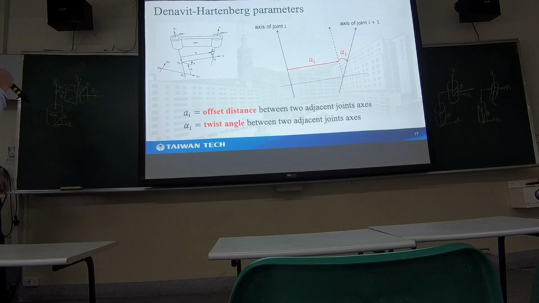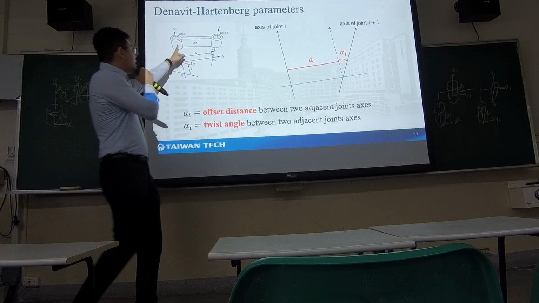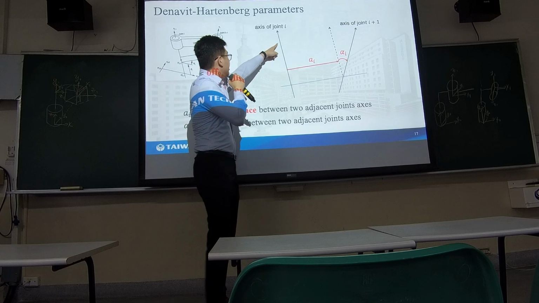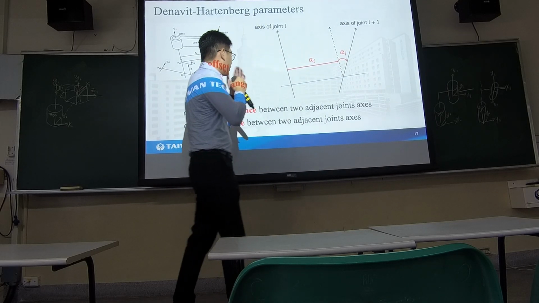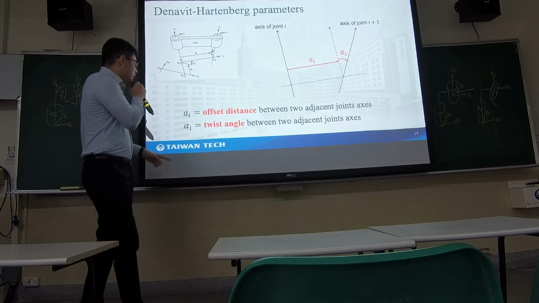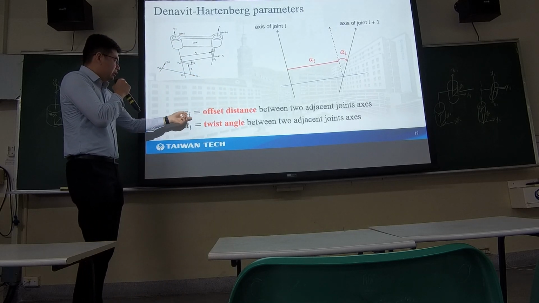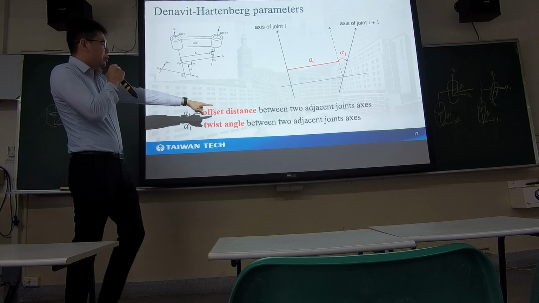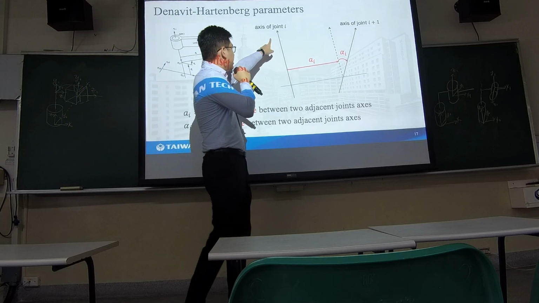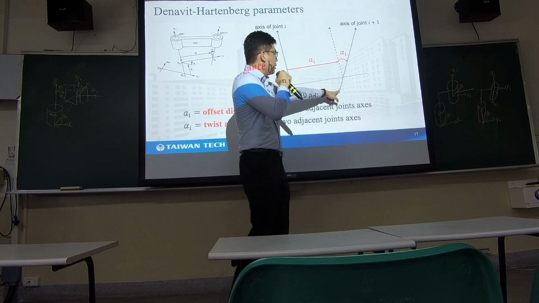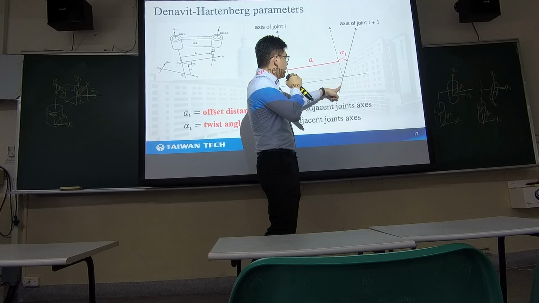If you see, this is the joint axis, the joint i, and joint i plus 1. So ai is the offset distance between the 2 adjacent joint axes. This is the z axis, and this is also a z axis.